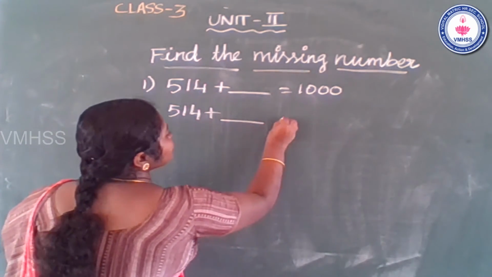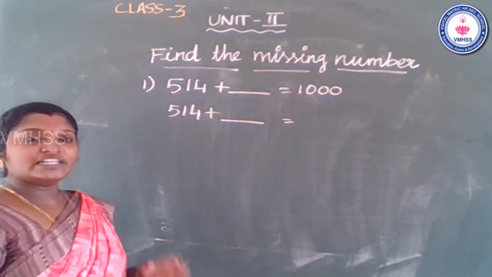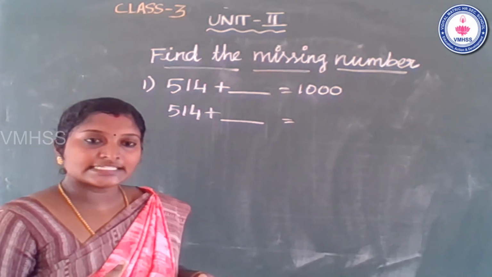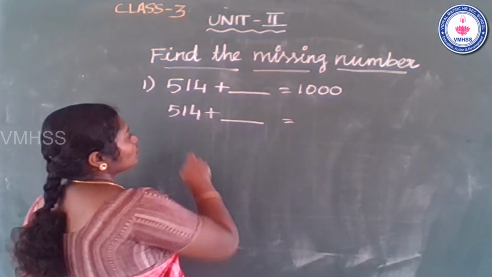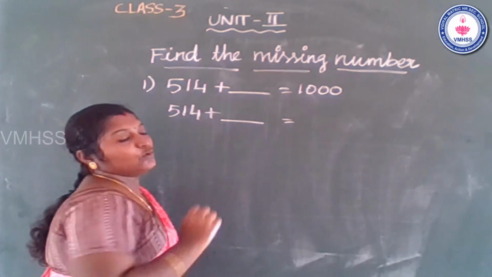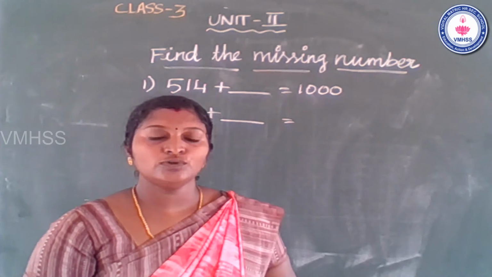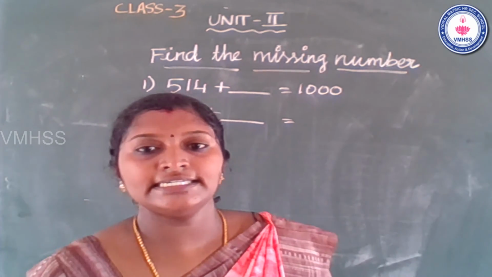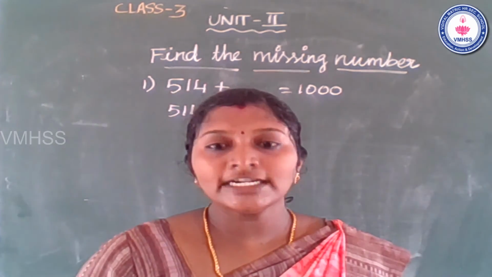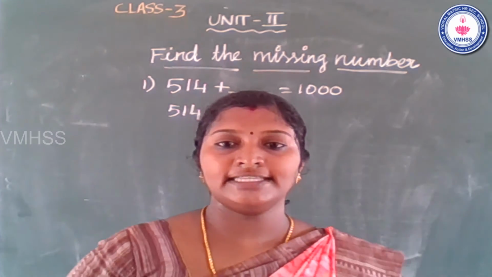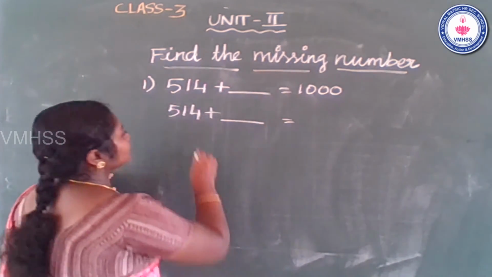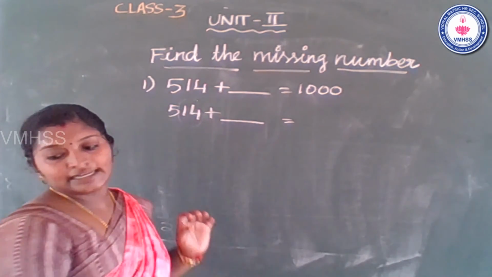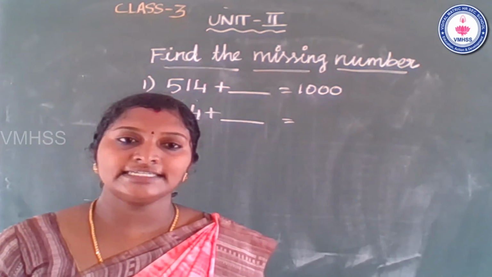So the nearest place value in 10 is 520. So add to the first number to take it to the next nearest 10. So now it is 14. So what is the answer?